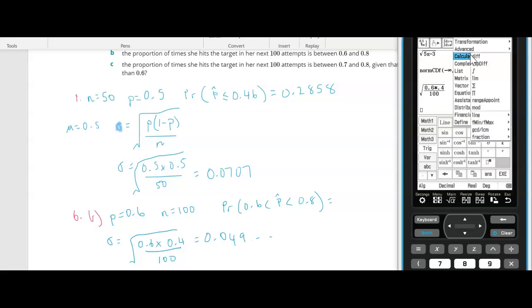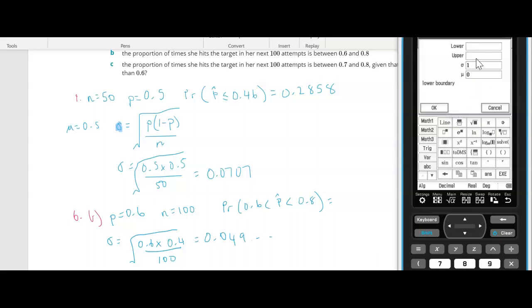So then we'll go to interactive, not that one, sorry, continuous normal CDF. Start again. Okay, so your lower limit is 0.6, your upper limit is 0.8.